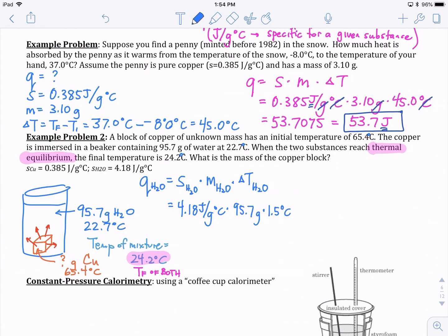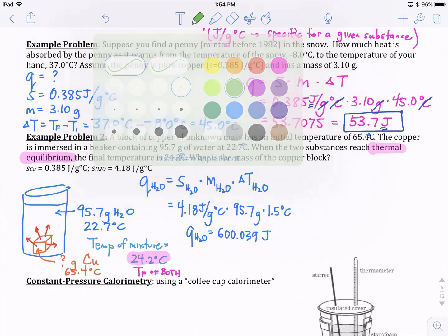So we multiply those together, 4.18 times 95.7 times 1.5, and that's going to give us the amount of energy the water gained from the copper. That's going to be 600.039 joules.